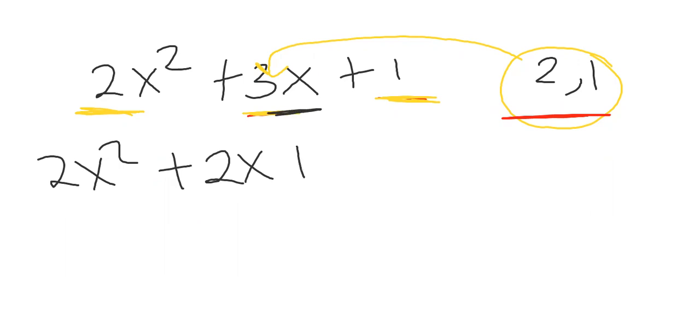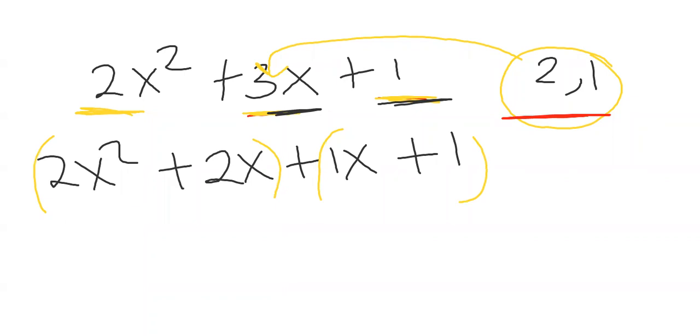Then plus 1x. Then we continue rewriting our equation plus 1. So you should now have 4 terms. Then remember what I said earlier, if you have 4 terms, there is a high likelihood that you are going to factorize them by grouping.